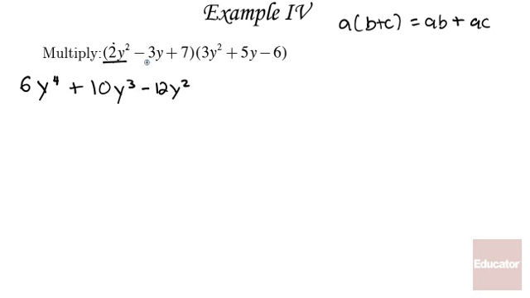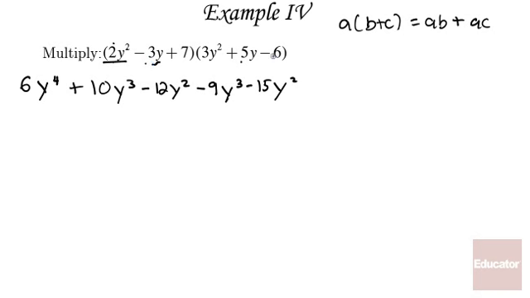Now I'm on to negative 3y. Negative 3y times 3y squared is negative 9y cubed. Negative 3y times 5y is a negative 15y squared.